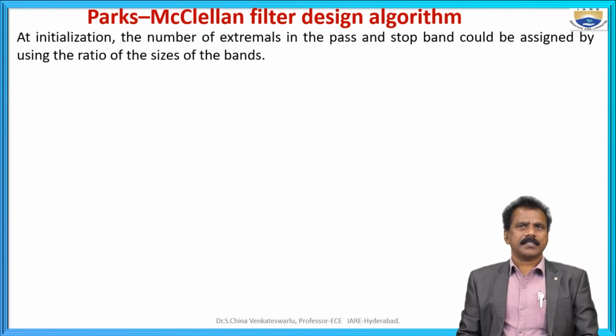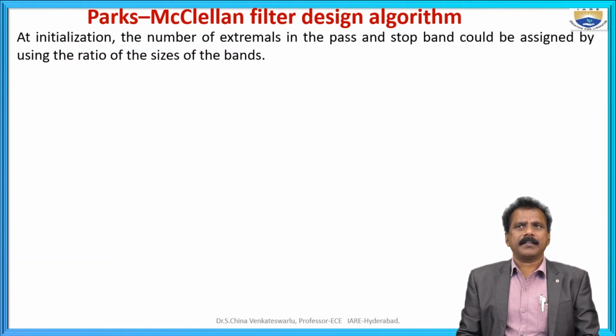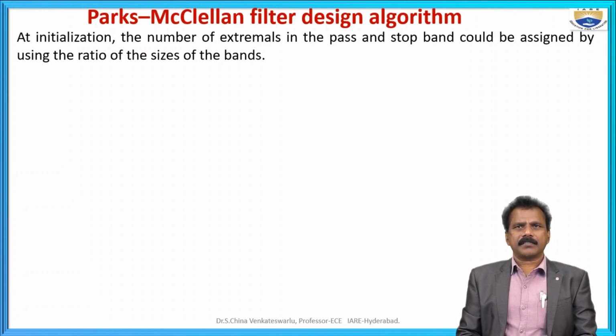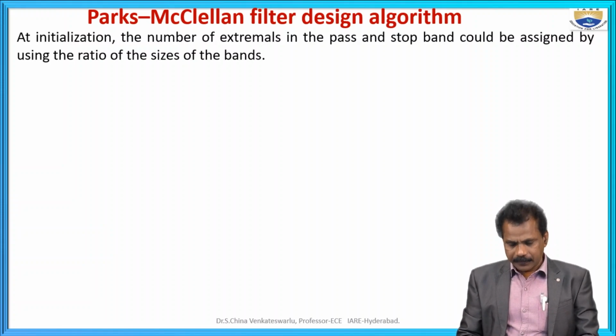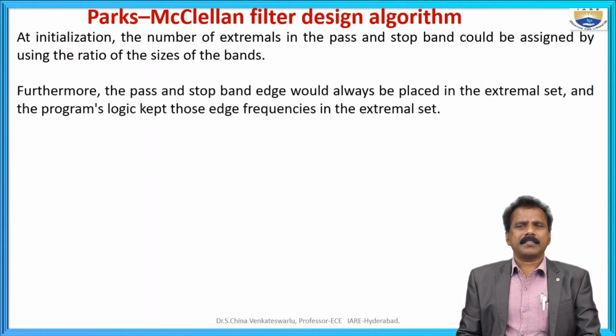At the initialization, the number of extremals in the passband and stopband could be assigned by using the ratio of the sizes of the bands. Furthermore, the passband and stopband edges would always be placed in the extremal set, and the program's logic kept them.